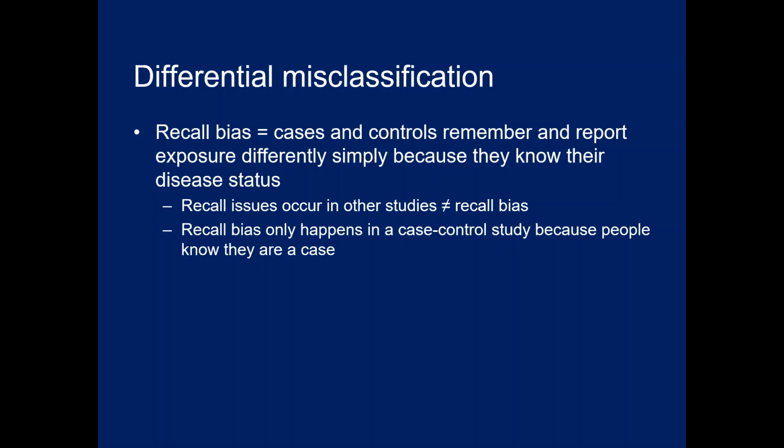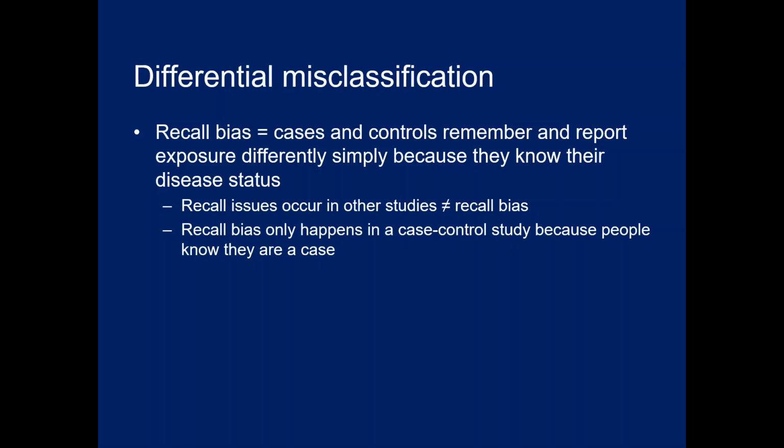Now, it's really important. A lot of people use recall bias to refer to any issue in which someone's had problems remembering. So if, for example, I asked you what have you eaten in the last month, you may have difficulty remembering. That's not recall bias. That's just difficulty remembering. Recall bias only happens in a case control study.